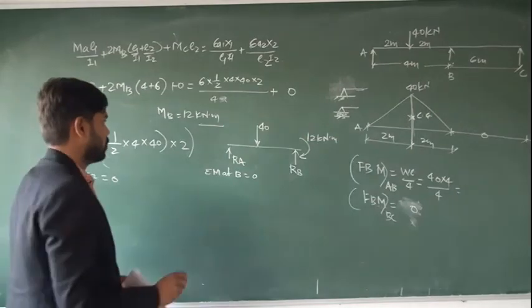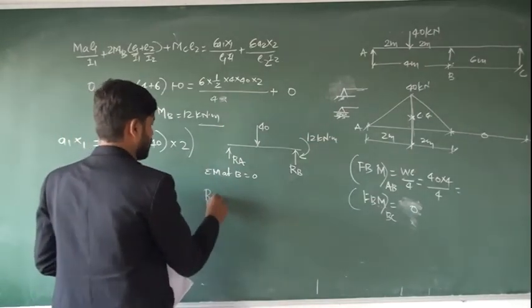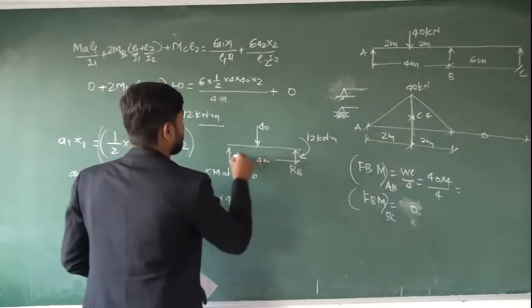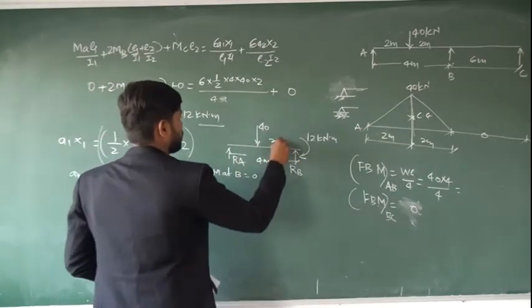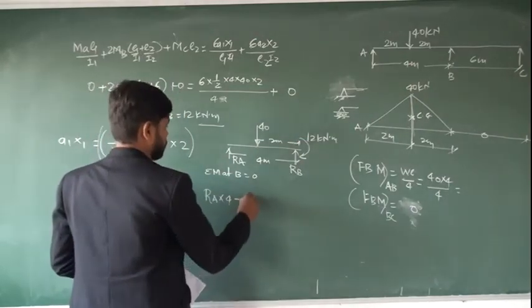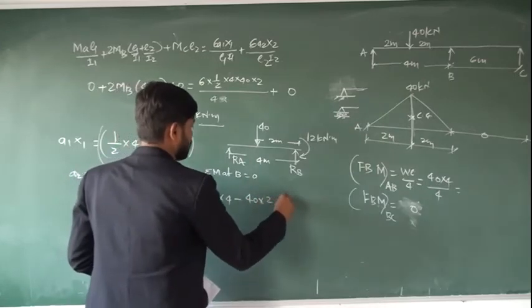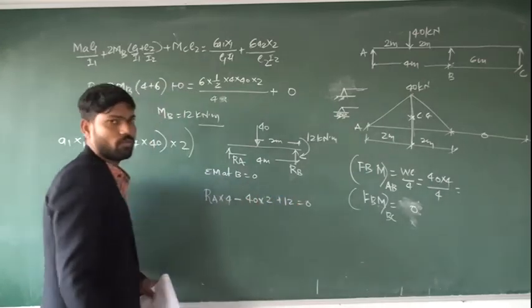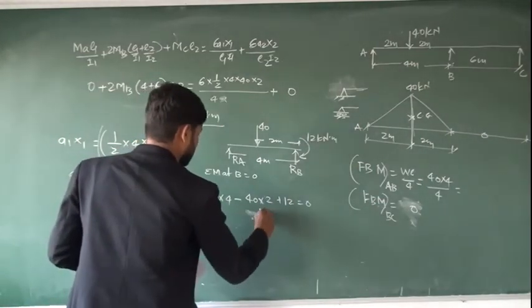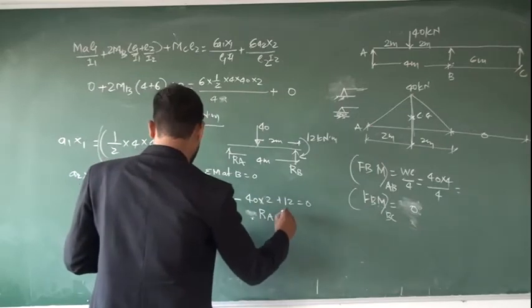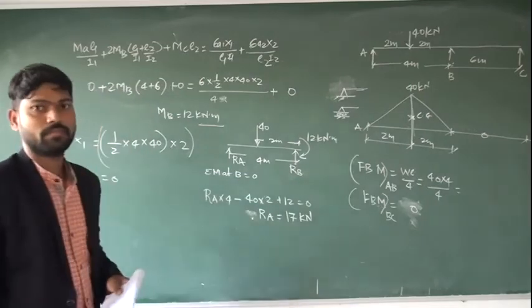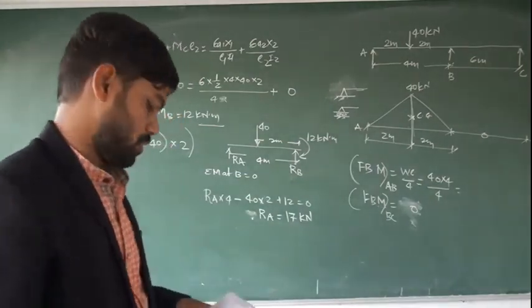RA multiplied by 4, this is 4 meter and this is 2 meter, minus 40 times 2 plus 12 equal to 0. So we will get RA as 17 kilonewton.